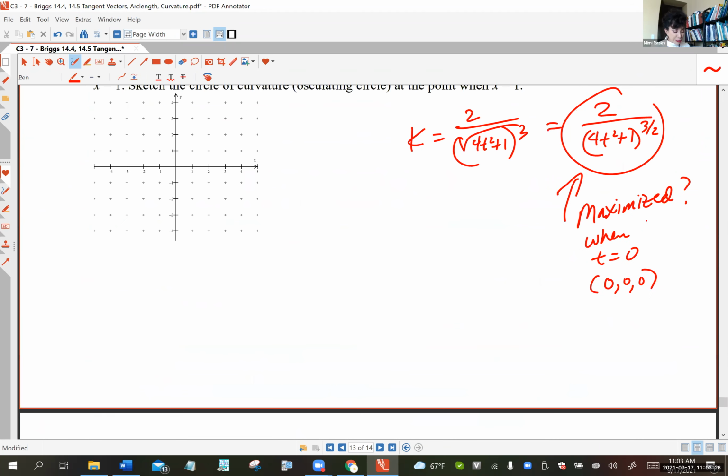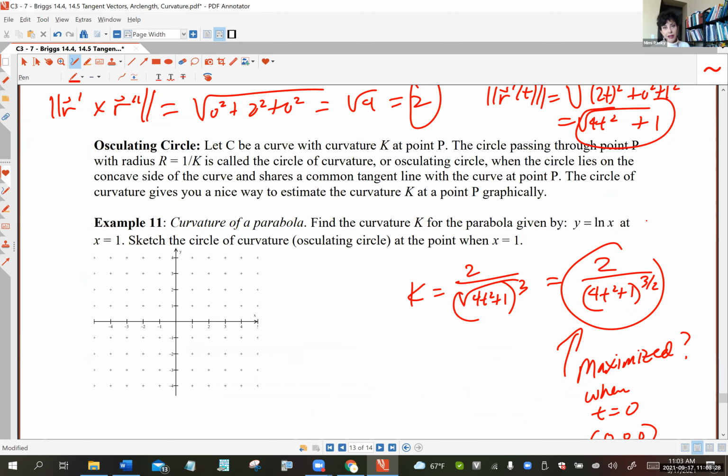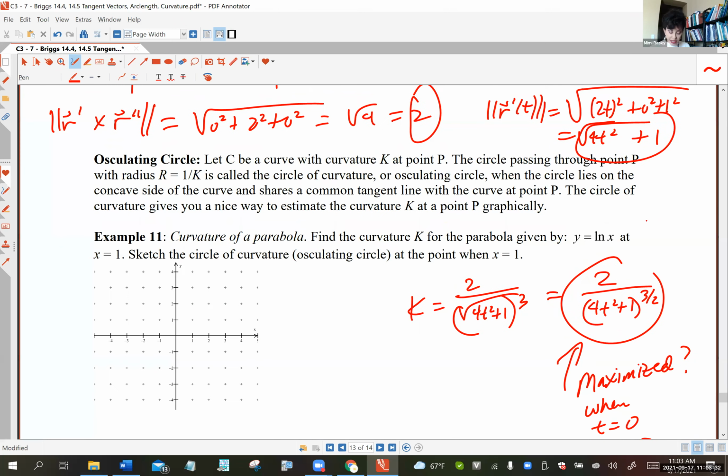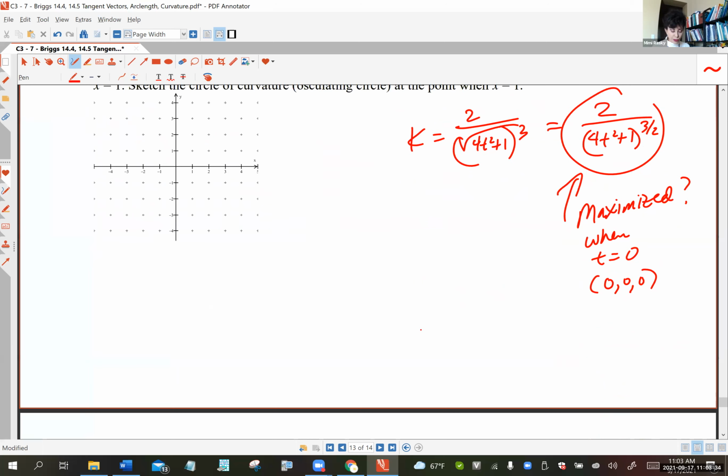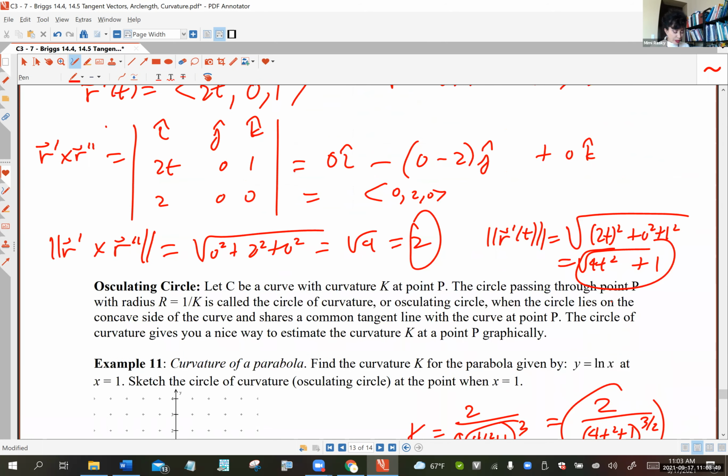Which I believe happens to be the vertex. Yay! And so what is that maximum curvature? Well, when you plug t equals 0 into this curvature formula, you're going to get 2 over 1 to the 3 halves, which is just 2. Okay?